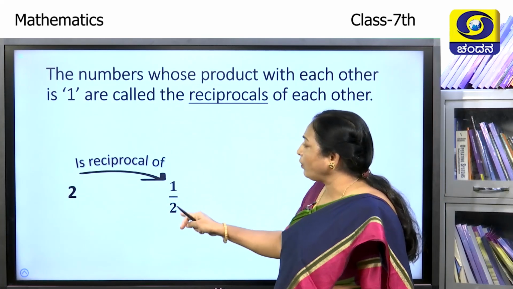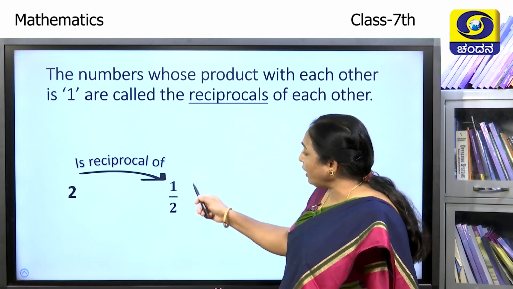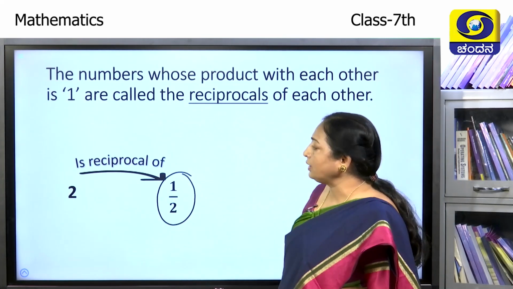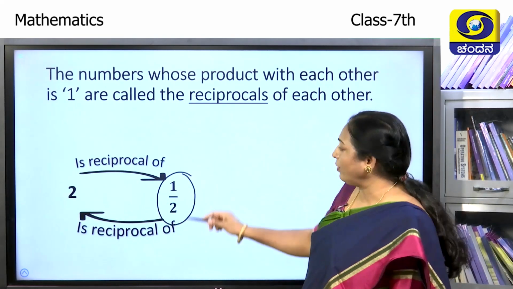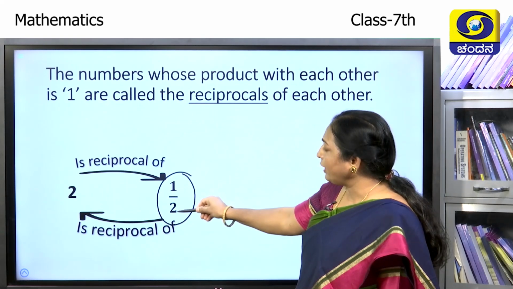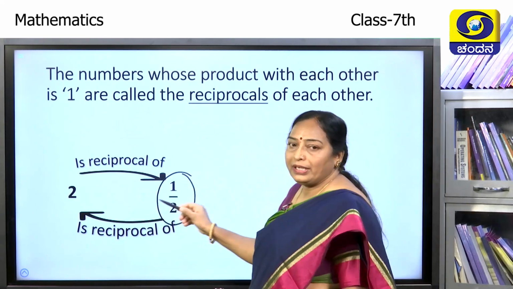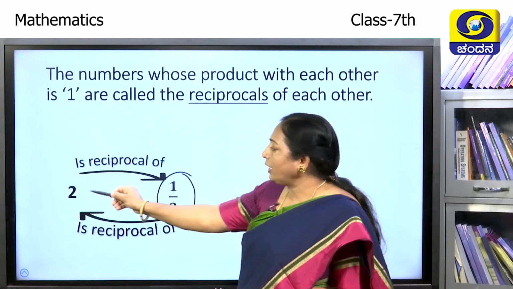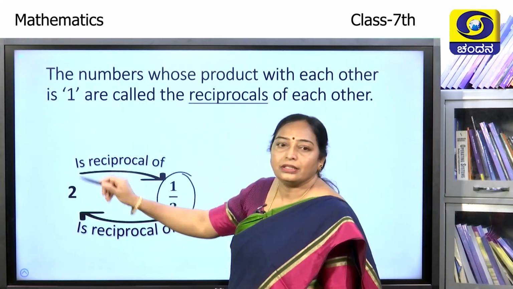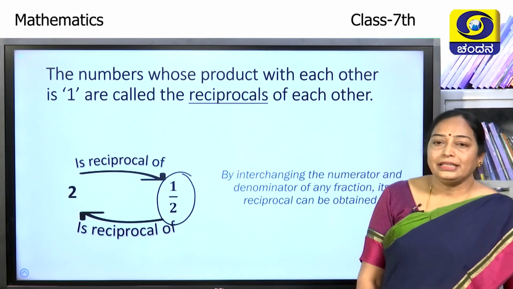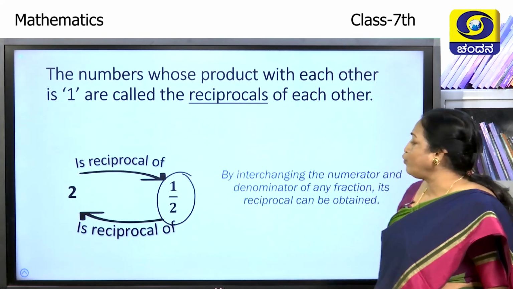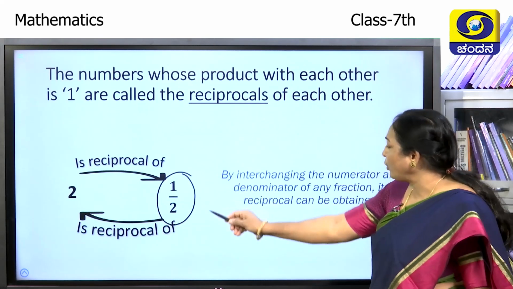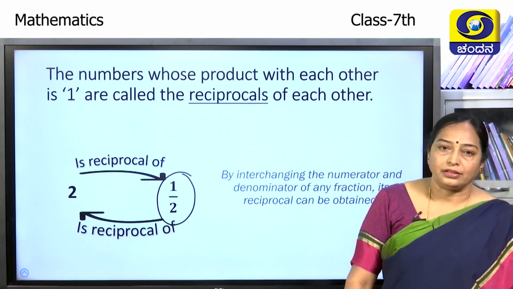The reciprocal of 1 by 2 is 2. Again, we interchange the numerator and denominator: 2 by 1, that is 2. By interchanging the numerator and denominator of any fraction, its reciprocal can be obtained.